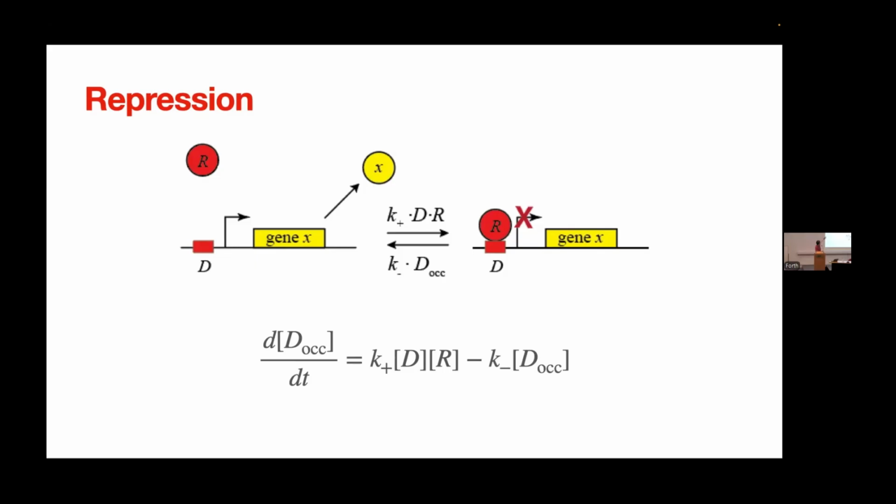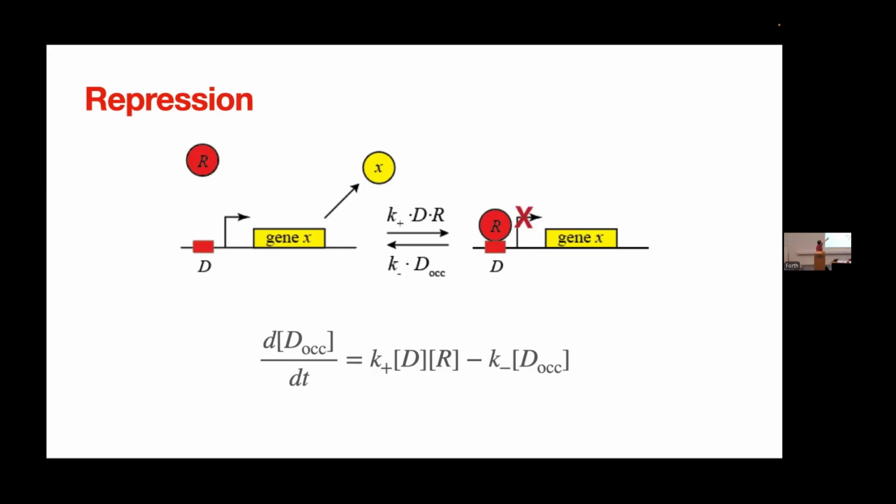And we would have two different species. Let's call this D, the binding site, and R, the amount of repressors that we have. And then we say, okay, if R and D meet, then the repressor can sit on the promoter and block it. So it's a binary reaction.